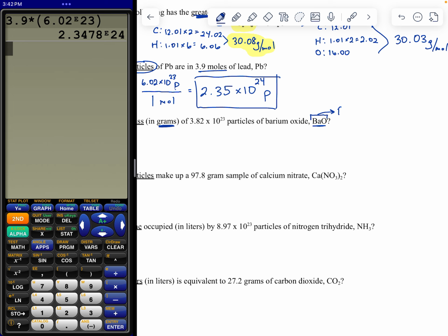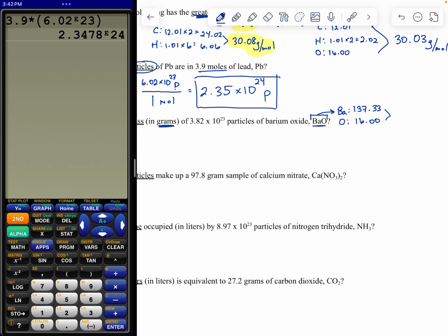Well, barium and oxygen. Barium, if we look on the periodic table, I believe has a mass of 137.33, and oxygen has a mass of 16.